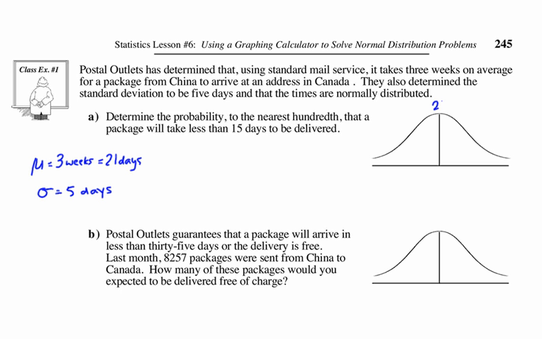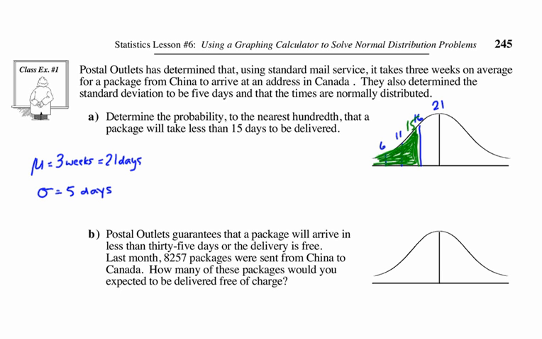So our mean is 21, standard deviation of 5. So that would leave us 16, 11, and 6. And so we want, what's the probability of taking less than 15 days? All of this area. So 15.